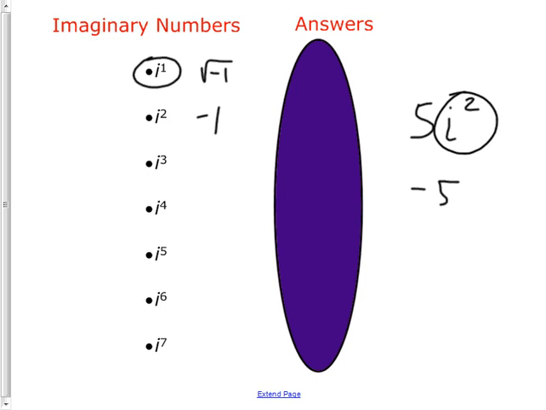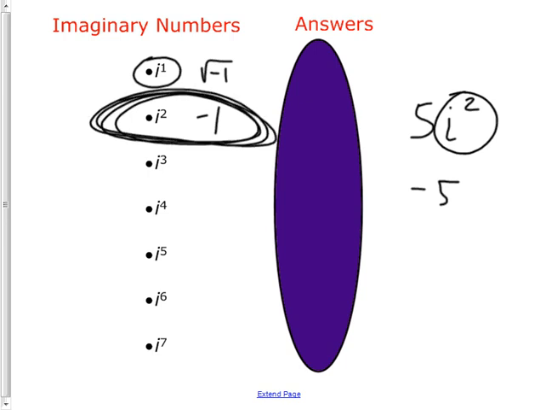All right, going past that, it gets even weirder. But this one's the most important of all of them, no doubt. The reason we're really talking about this is because i squared being negative 1 is really handy in complex number problems. But i to the third is an interesting point then. i to the third is really i squared times i, right?